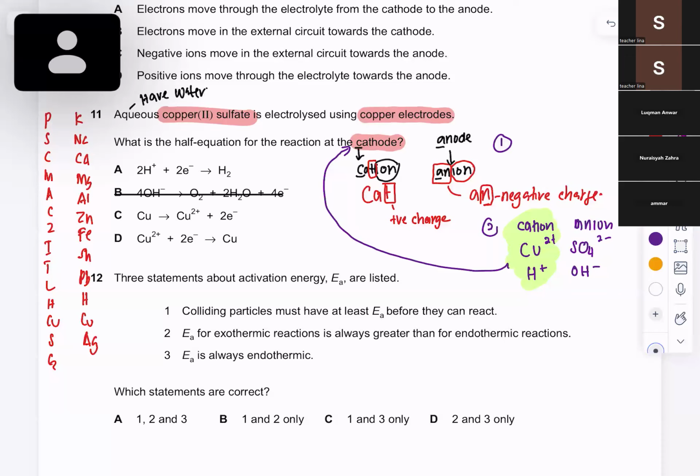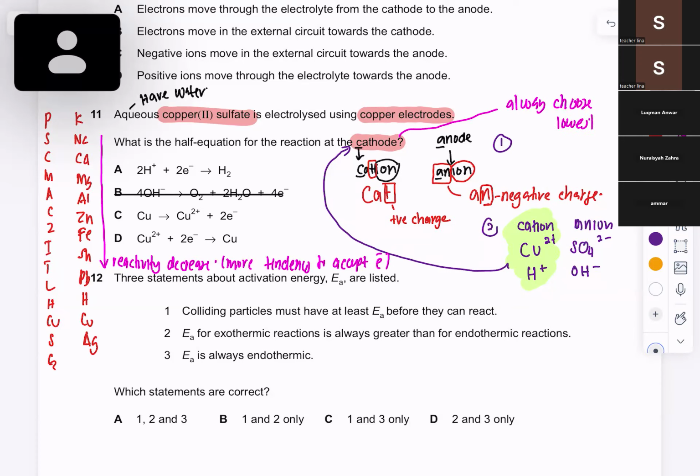Reactivity series: going down the series, reactivity decreases, and the more tendency to accept electrons. So the cathode always chooses the lowest in the reactivity series.